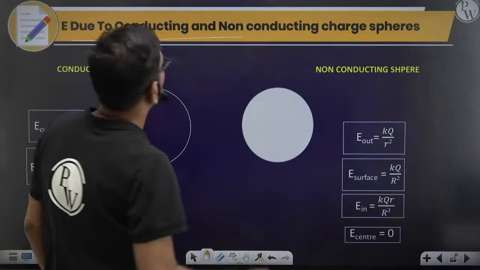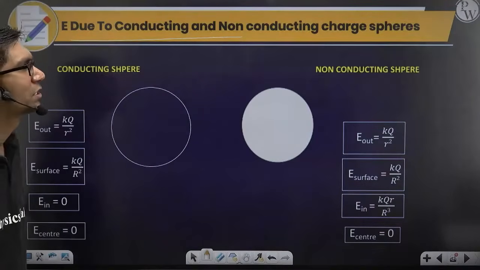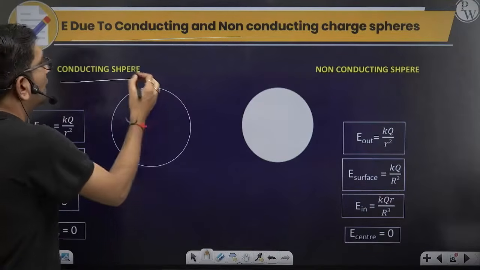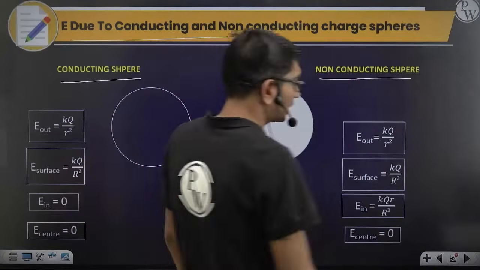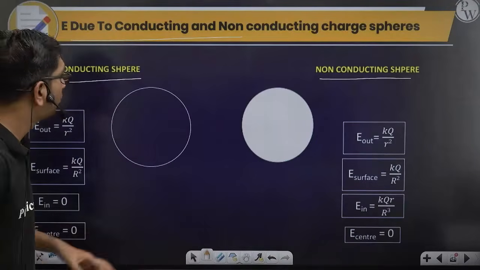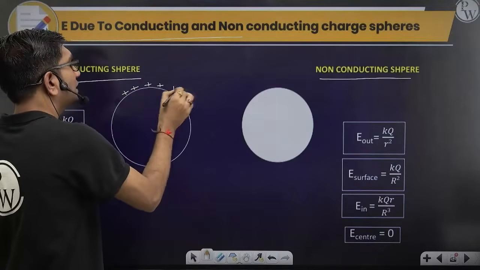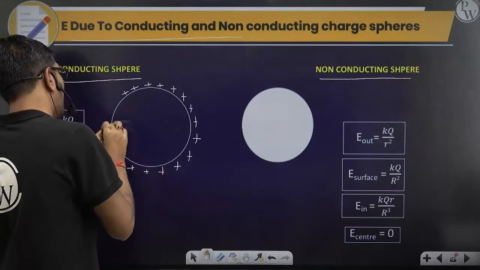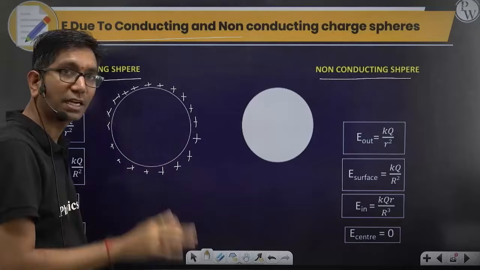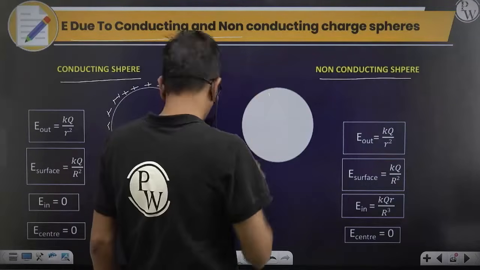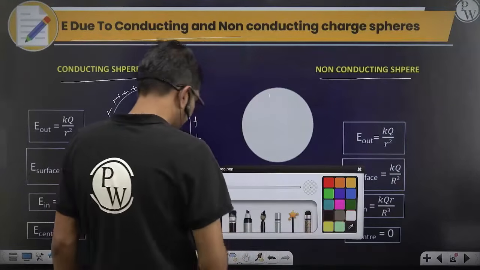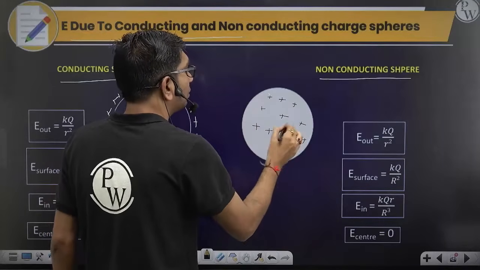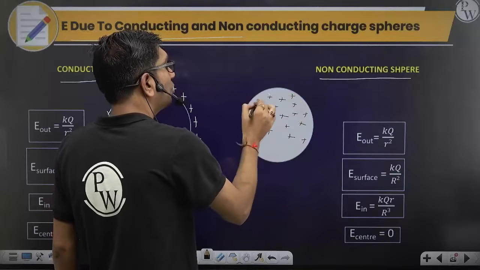Electric field intensity due to conducting and non-conducting charged spheres. So conducting sphere, non-conducting sphere. These are very important. A conducting sphere is nothing but the charge is present on the surface, like a shell. Charge is not present inside. But in non-conducting, charge is present inside as well as outside, like a laddu, or like a gulab jam.